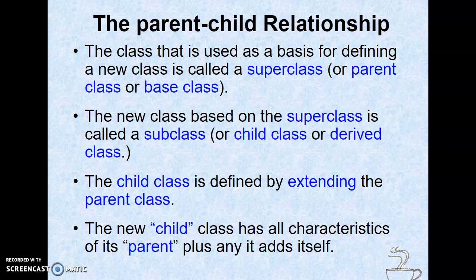The superclass is usually more broad, and the subclass is a little more specific. So when we actually code it, the child class uses the keyword extends, and it has all the characteristics of its parent class plus any it adds itself.